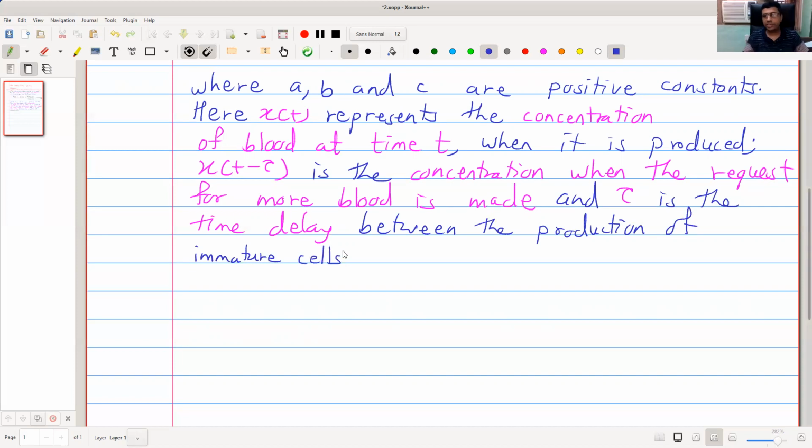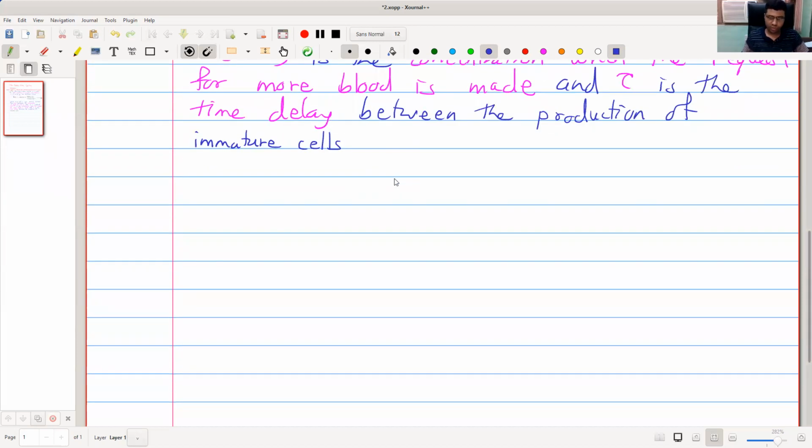Okay, we know that blood cells are produced in bone marrow. So it is the delay between the production of immature cells in the bone marrow and their maturation.